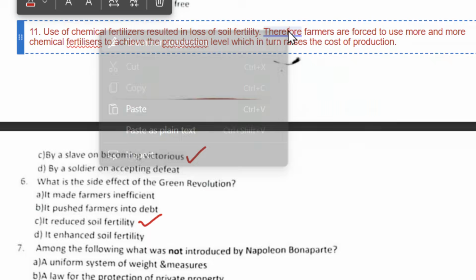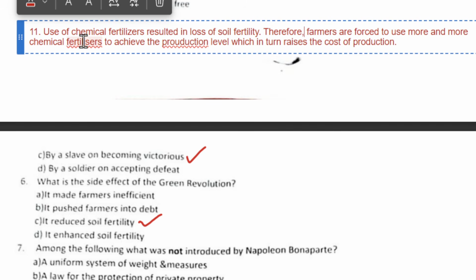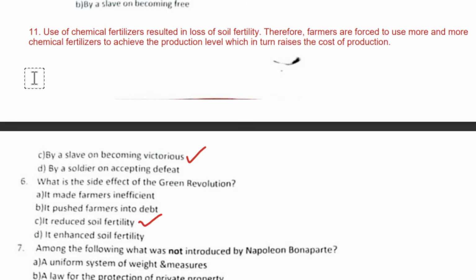Okay. If you want, you can copy the answer, students. So the use of chemical fertilizer resulted in loss of soil fertility. Therefore, farmers are forced to use more and more chemical fertilizers to achieve the production level, which in turn raises the cost of production.